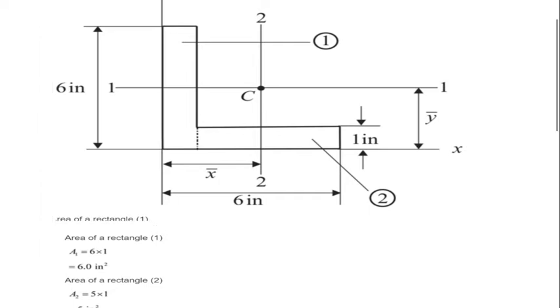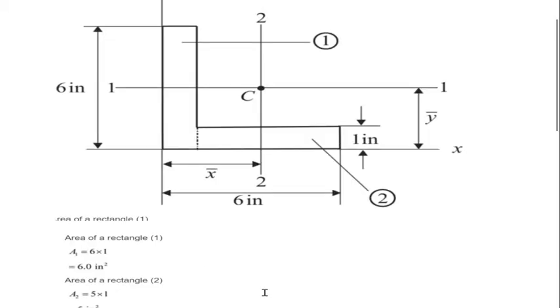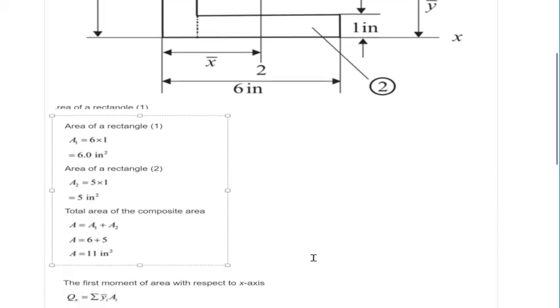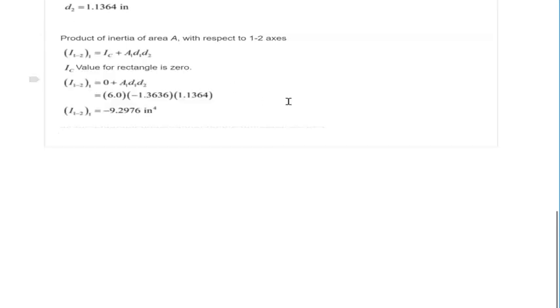so now that we have these two coordinates, we can find the product of inertia using the parallel axis shift about axis 1 and axis 2. This is going to be immediate. Okay, perfect.